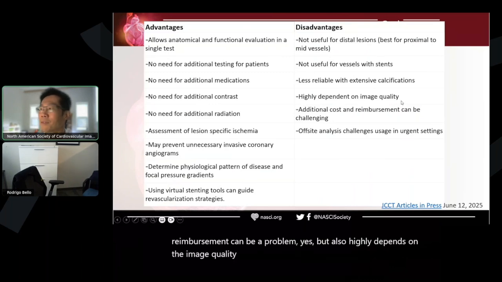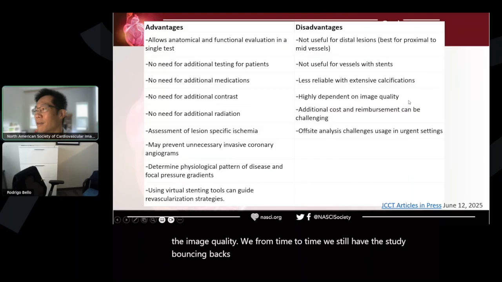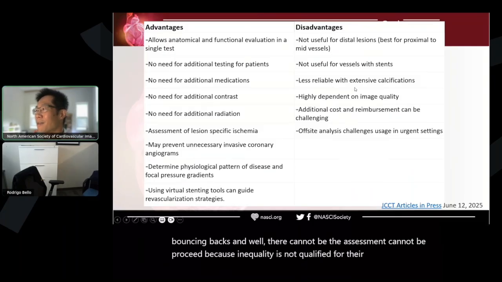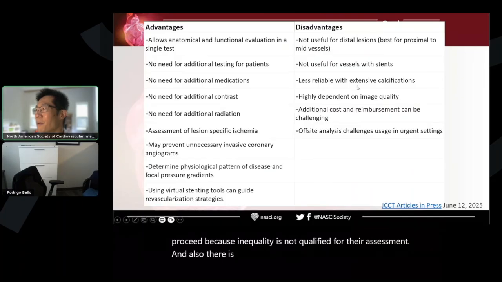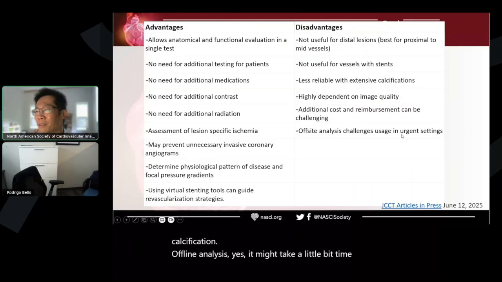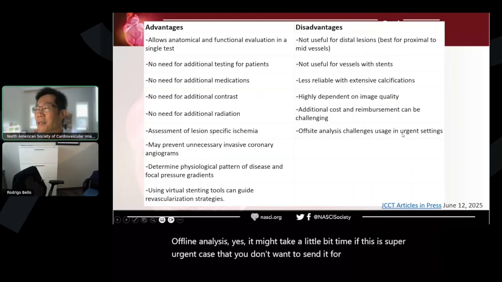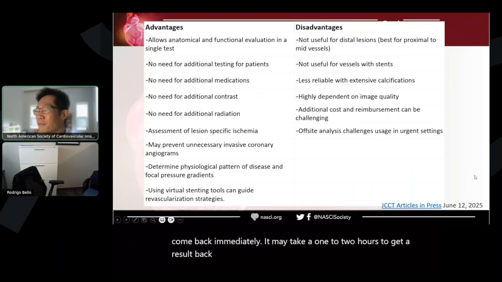From time to time, we still have studies bouncing back saying the assessment cannot proceed because the image quality is not qualified for their assessment. It could also be less reliable due to extensive calcifications. Offline analysis might take a little bit of time. If this is a super urgent case, you don't want to send it for FFR because it may not come back immediately. It may take 1 to 2 hours to get a result back, but definitely this will be improved in a short time, I believe.